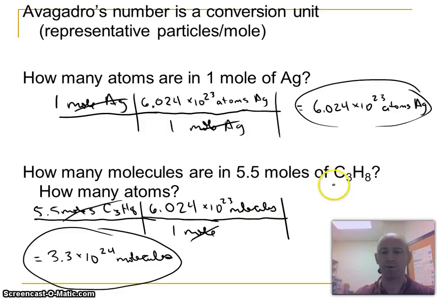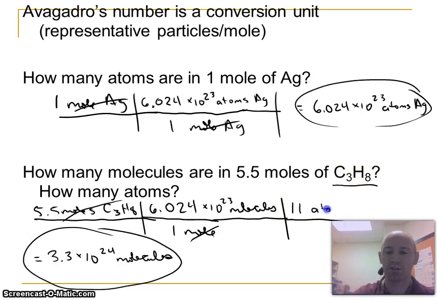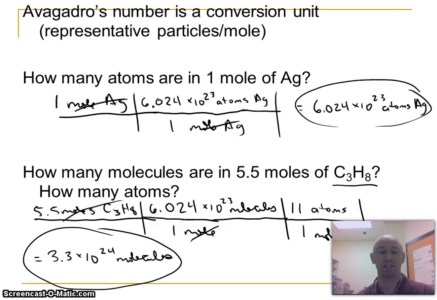I'm going to look at C3H8 and how many atoms are in a molecule of C3H8. Well, there's 3 carbons, there are 8 hydrogens, and so that is going to give us 11 total atoms per one molecule. Again, this is for C3H8, this is for propane. This will be different for something like CO2 or for H2O. And all we're going to do is do one more calculation. So take our current answer.